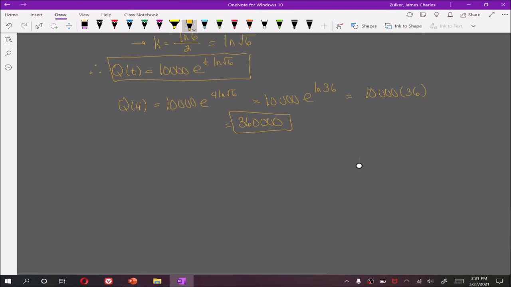We also want the rate of growth. So we want Q prime of 4. Right, this is the derivative of 10,000 e to the t log root 6, evaluated when t is equal to 4.